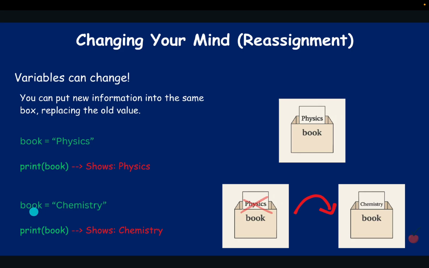This overrides the variable and basically it puts new information in the box. You can see in this picture on the right that we now have put chemistry into that labeled box. And if we now print book, we will see chemistry instead of physics.